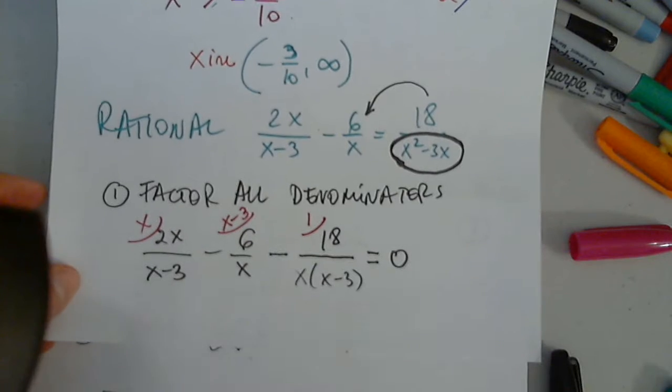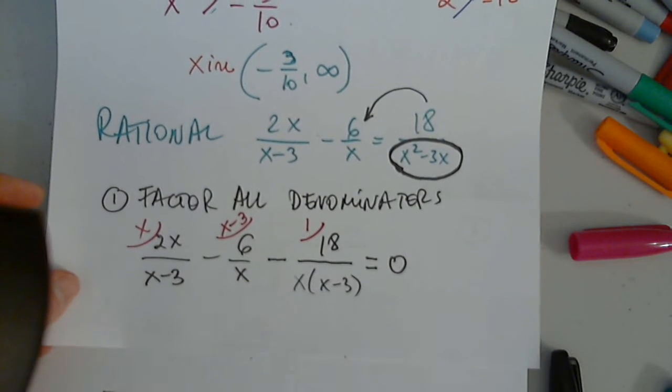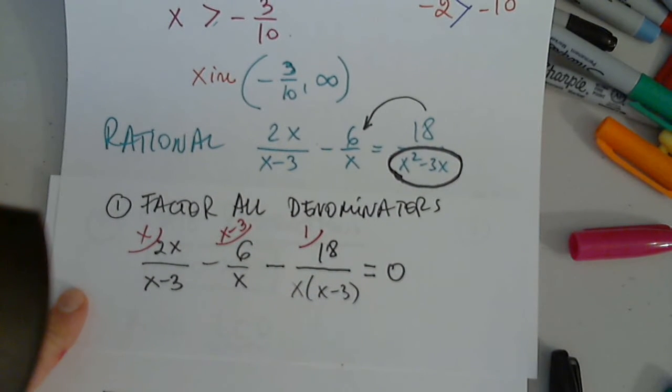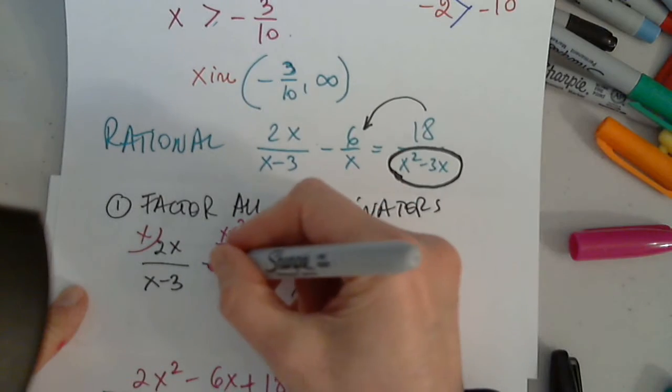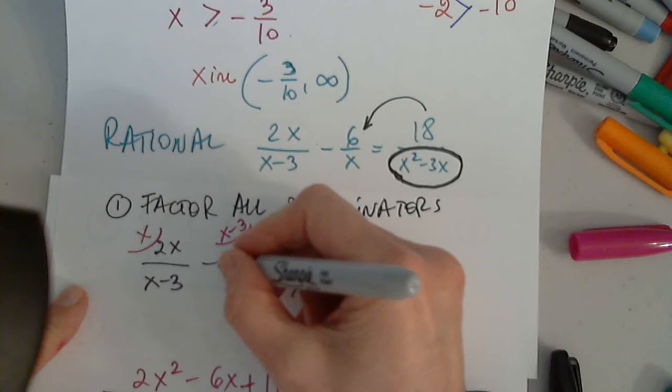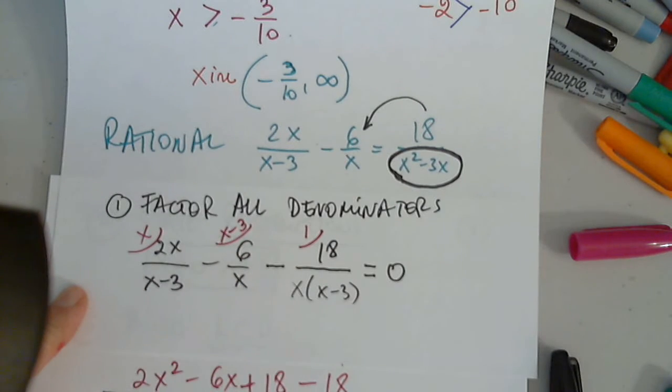Good. So now can anyone give me the numerator, step by step? Two x squared minus 6x plus 9. Careful. Minus 8. Very good. So negative 6 multiplied by x, negative 6 multiplied by negative 3.